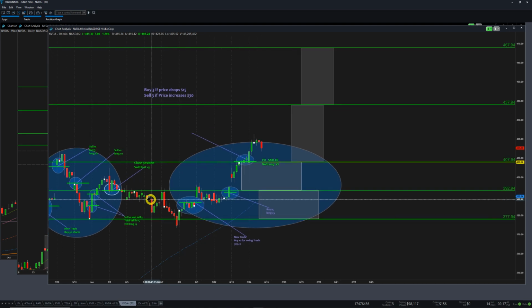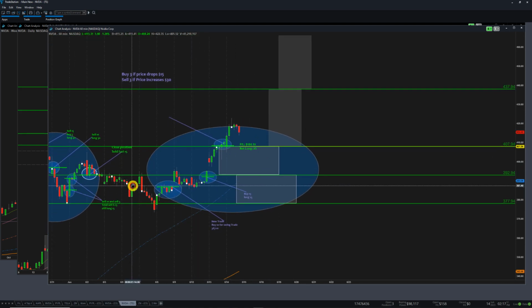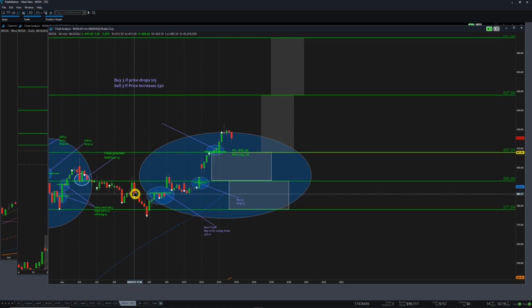But it's also flexible, because let's say it goes down $45 and I've added 3 times. I've added 9 shares to my position. Now I'm long 34 shares, and then it goes up $30. I could start getting rid of the same amount, but I'm selling it at a much higher price.